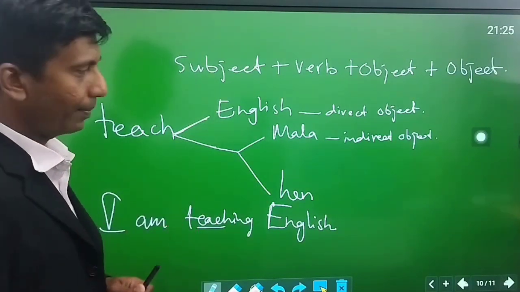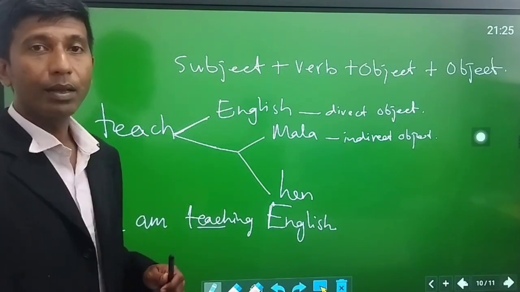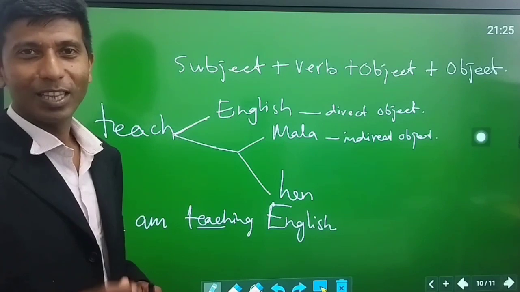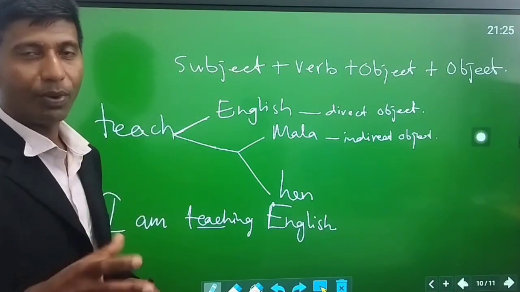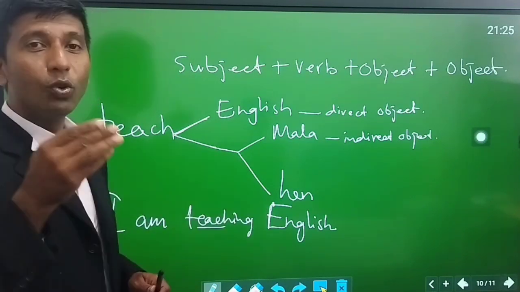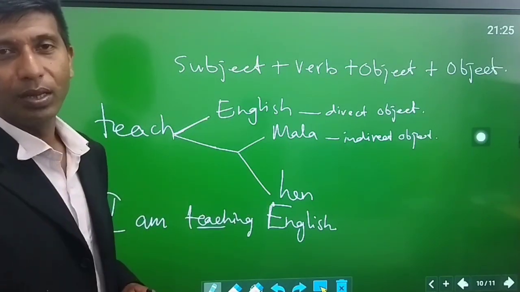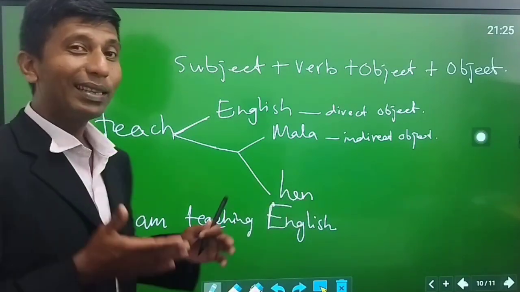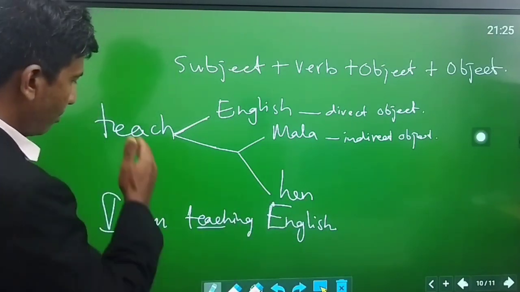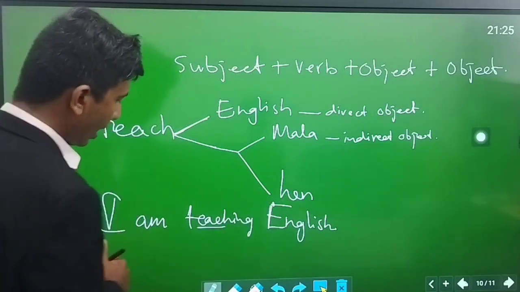Mala is a proper noun, specific noun of a particular person. When a proper noun is added, you have to use the preposition to, and add it to the end.